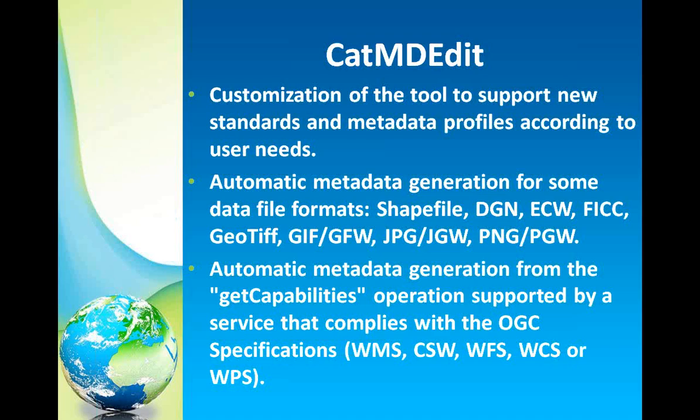And also, if you upload different file formats, such as a shapefile or a GeoTIFF, then it will automatically generate that metadata information and put it in the correct location for the ISO 19115 metadata. For the GetCapabilities operation, it will also produce automated metadata generation for your service metadata as well.